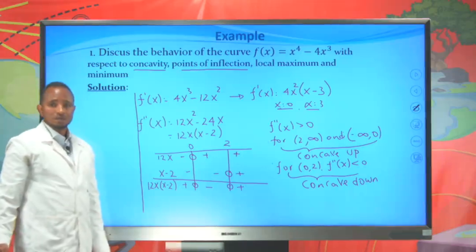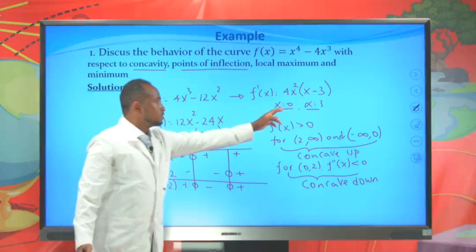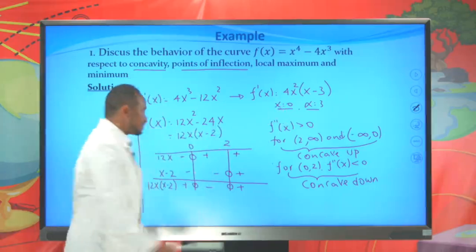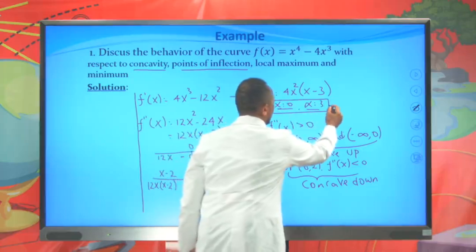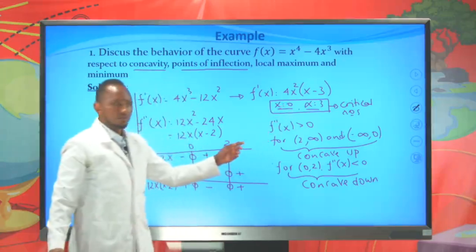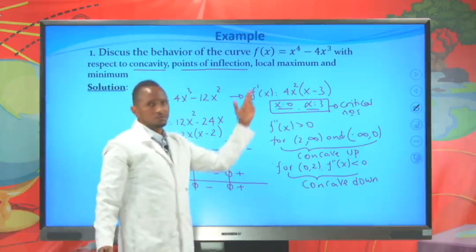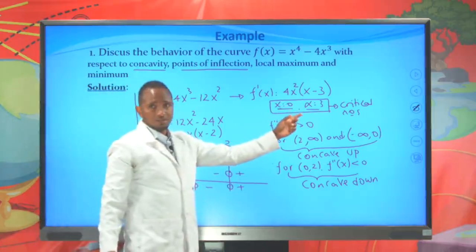These are the critical numbers, where the derivative is 0. We can check whether they are local max or local min using the first derivative test. But let's use the second derivative test now.